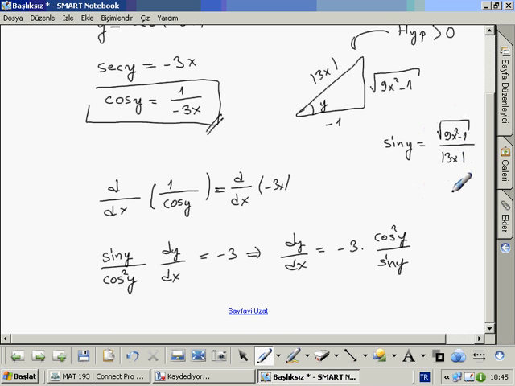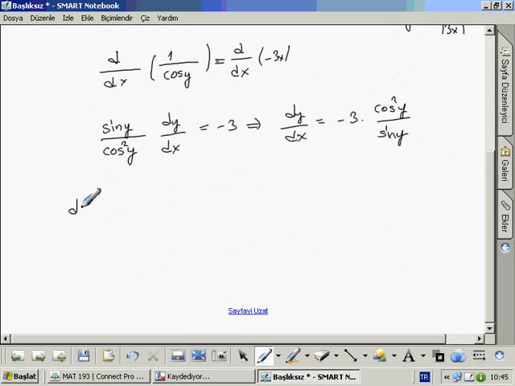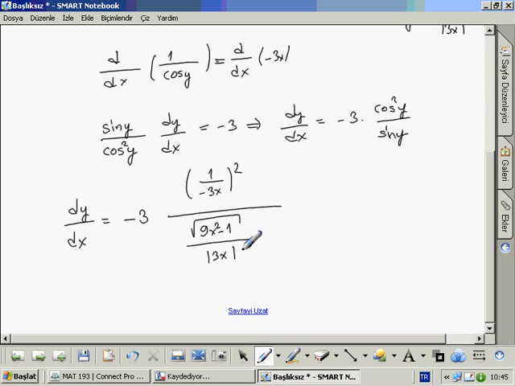When you put these values in, you will obtain del y over del x equals minus 3 times cosine squared y, which is 1 over minus 3x squared, over the square root of 9x squared minus 1 over the absolute value of 3x, and you will obtain minus 3 over 3 times the absolute value of x times the square root of 9x squared minus 1. This is the total solution.